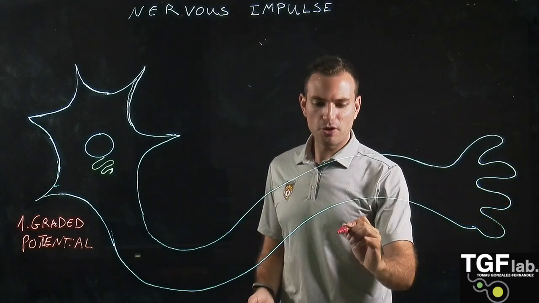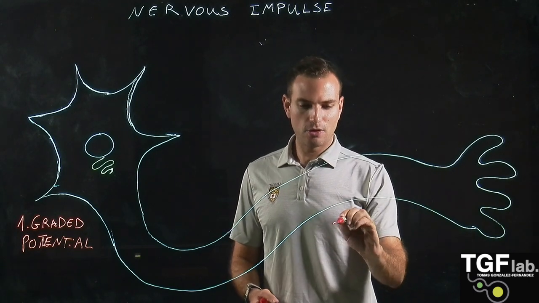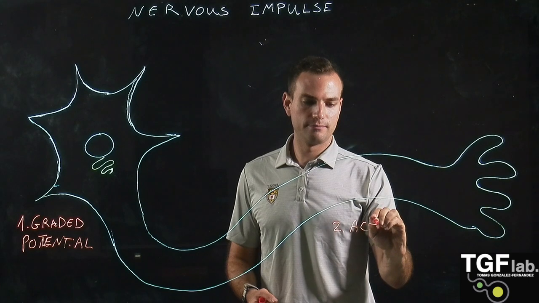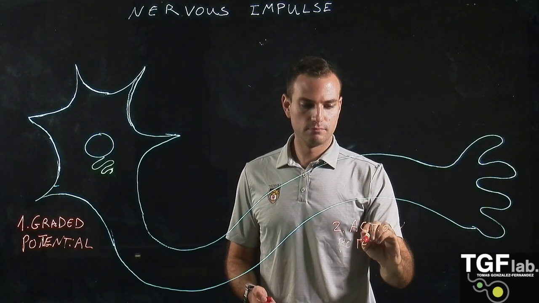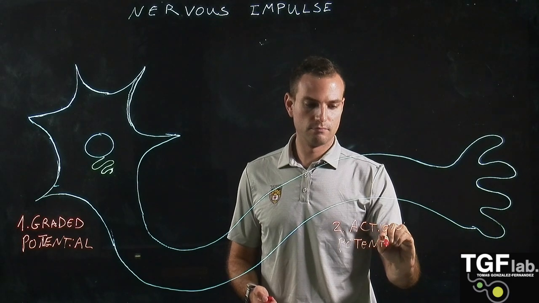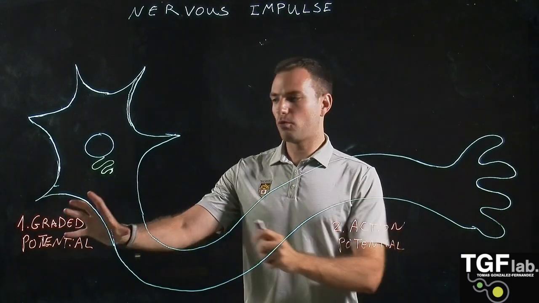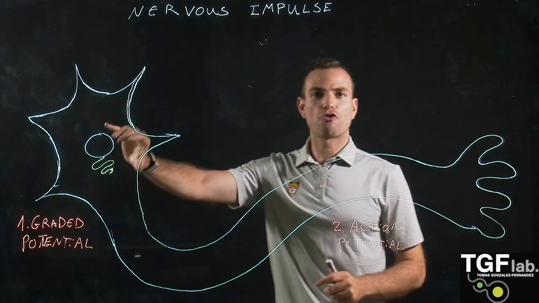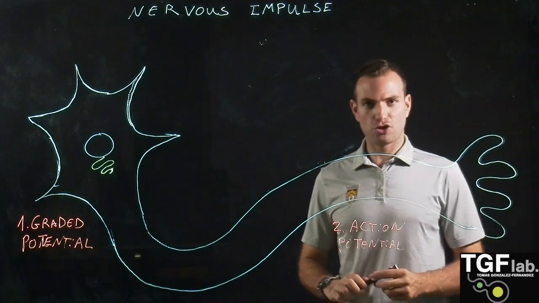This second process, which is a conduction process, is the action potential. First, we are going to focus on the initiation or graded potential, and then we are going to move to the conduction or the action potential.